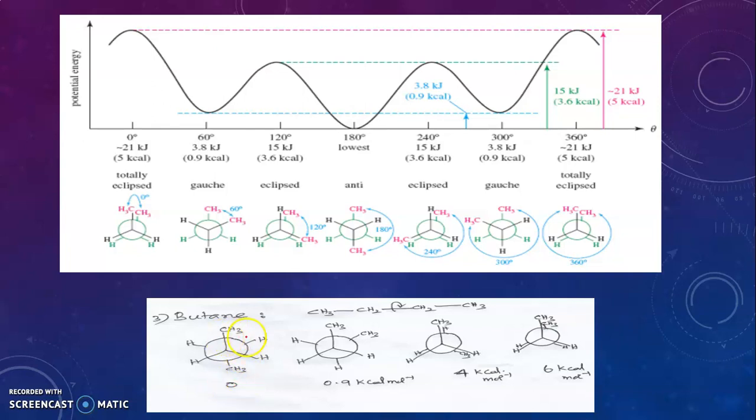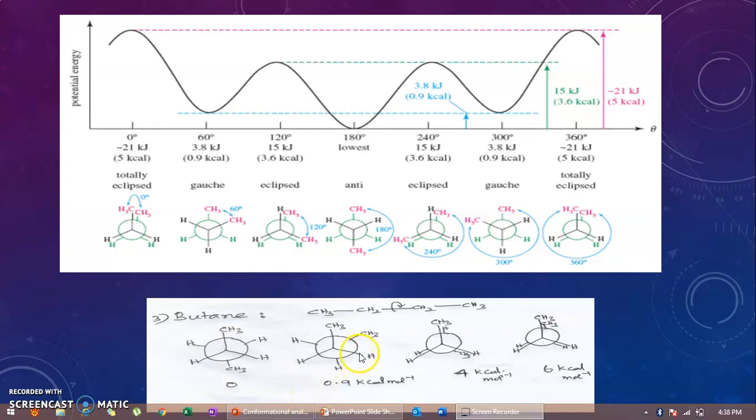Because there is no torsional strain between methyl and hydrogen. Then in the Gauss conformation, the dihedral angle between the two methyl groups is 60 degree. When the dihedral angle is 60 degree, the torsional strain between the two methyl groups is roughly 0.9 kilocalorie per mole. So the potential energy of this conformer, also called Gauss conformer, is 0.9 kilocalorie per mole.